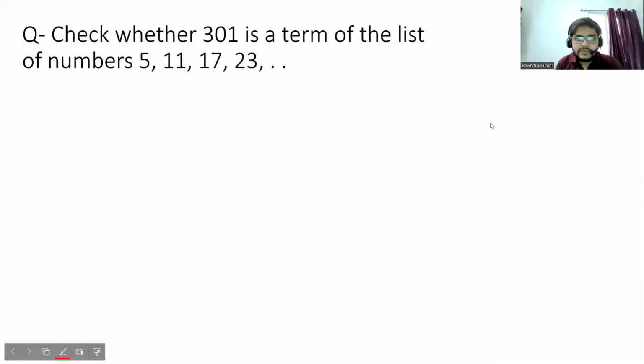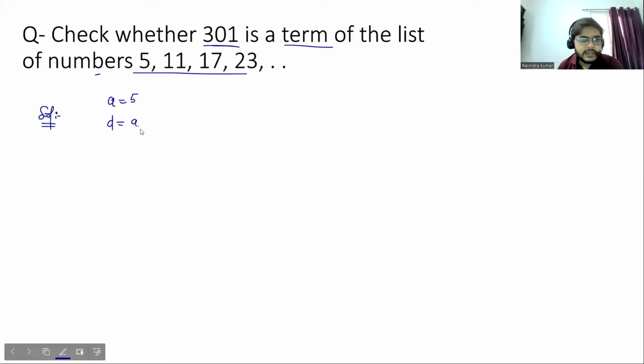Let's move to the next one. So just solve it out. It is saying to check whether 301 is a term of the list given here. Okay, let's check it out. So first we need to calculate the first term, that is 5. Then the common difference, it is A2 minus A1. So that is 11 minus 5, that is 6. Okay, this is the common difference. Now we have to find whether 301 is possible in this series or not.